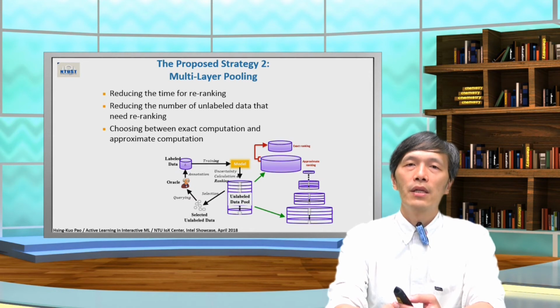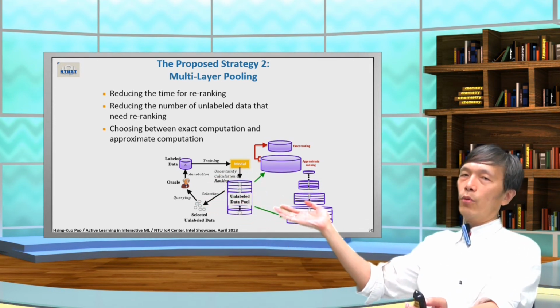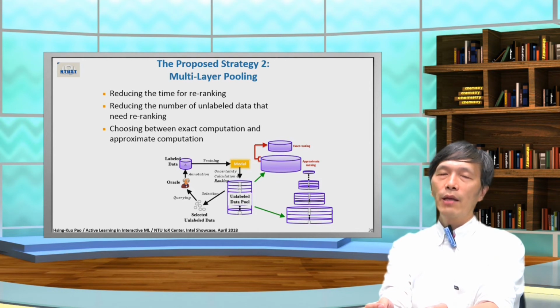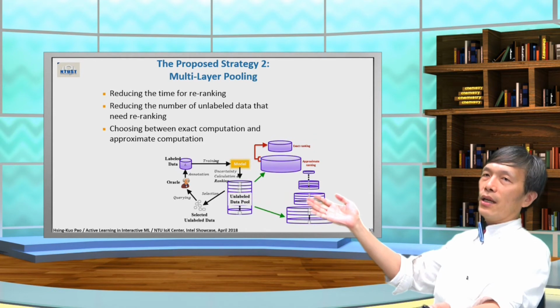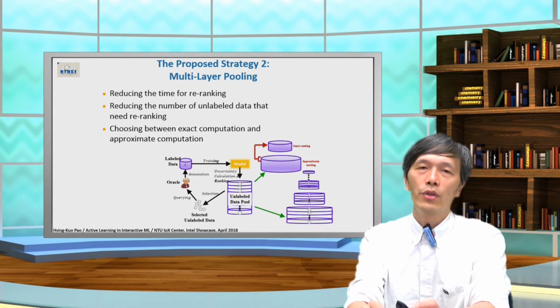In low dimensional space, if they are closer to the boundary, meaning that their uncertainty will be high, then maybe we push them to the upper level, so that they will potentially be chosen as the ones we need labeling information for. Other than that, we just keep them in the low layer, and almost like we don't need their label information. This strategy is called the multi-layer pooling.